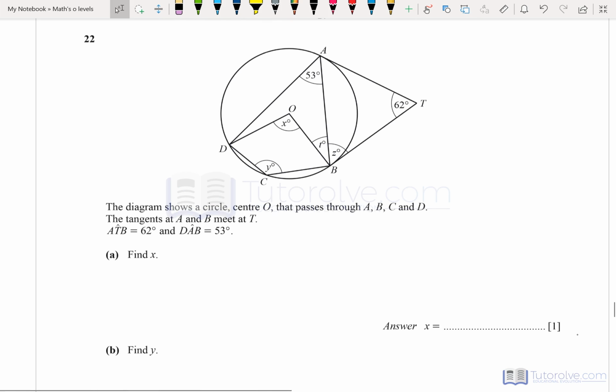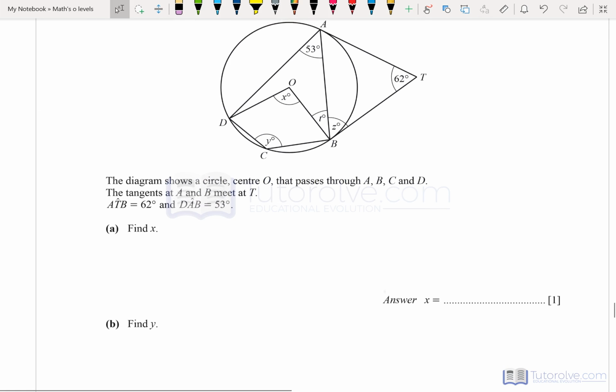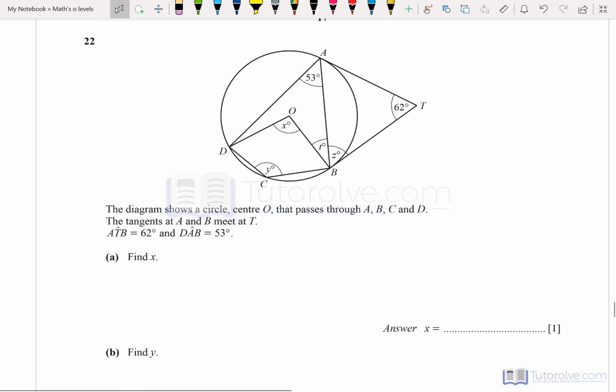Now we have question 22 here, and they've given us this circle with all of these angles inside it, and the tangents at A and B meet at D. When two tangents meet at a single point, these two sides are equal, and they've given us this 62 and this 53 as well.